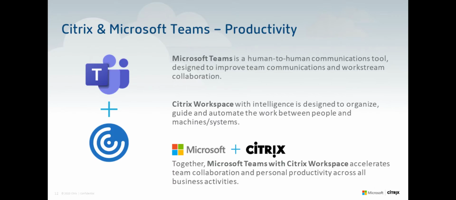Thanks, Fernando. So I'll just close up. Citrix and Microsoft work together to make sure that we're optimizing and delivering the best Teams experience. We also integrated some aspects of Citrix Workspace with intelligence, if you're delivering Teams within your Citrix environment and you have Citrix Workspace with intelligence. So a lot of those features are new, like intelligent feeds or micro app capabilities. For example, you can send micro app notifications directly to Teams.